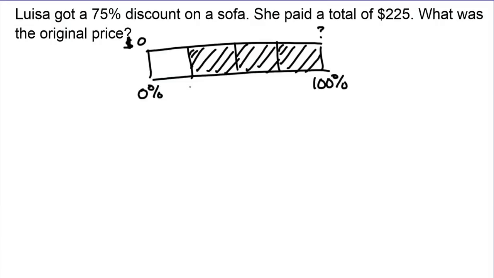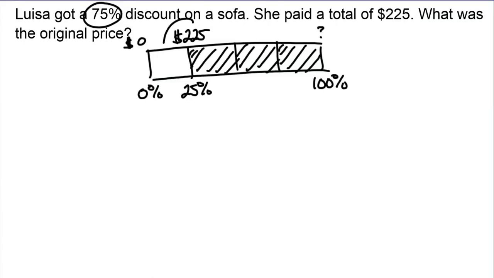So this is what's remaining. So that would be $225 and 25% remaining. Again, so the percent that we were given is not the percent we're actually going to use. The $225 is actually 25% of what the original price was, since we had taken 75% off.